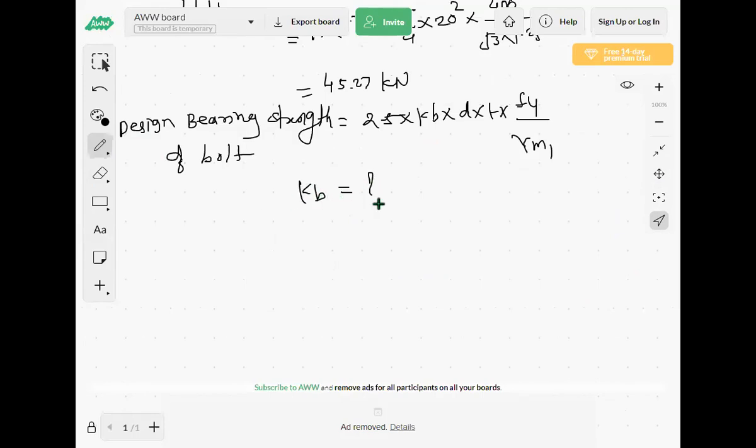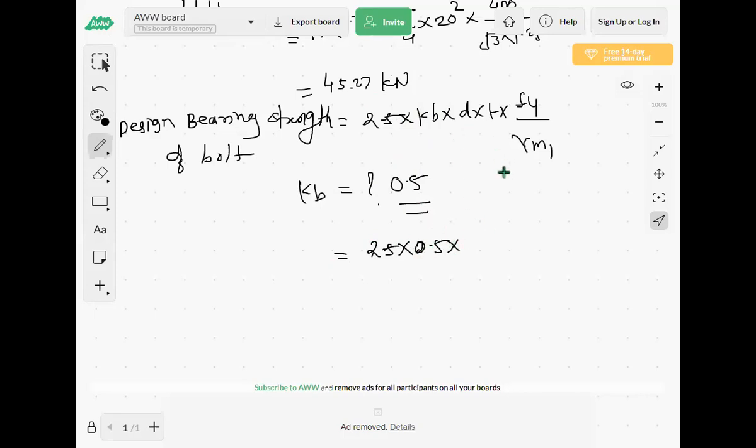We have to first calculate kb. We have calculated this many times. So kb will be 0.5 here. So put the value: 2.5 into kb, which is 0.5.